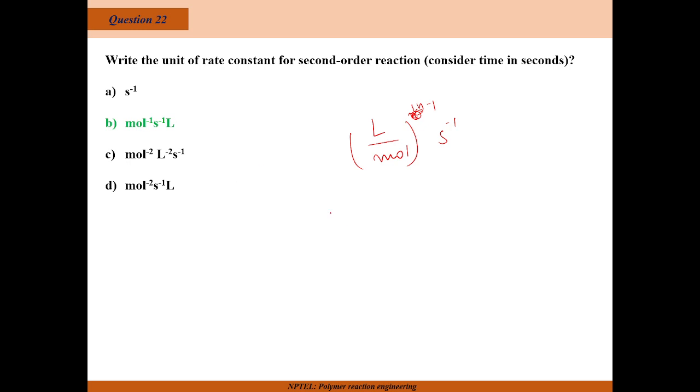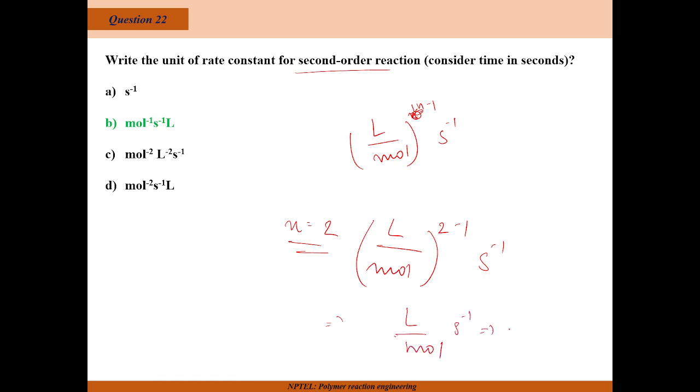Here it is said that it's a second order reaction. So if we keep n equal to 2, then we can write liter per mole to the power 2 minus 1, second inverse. So it will be basically liter by mole second inverse, which is equal to mole inverse liter second inverse.